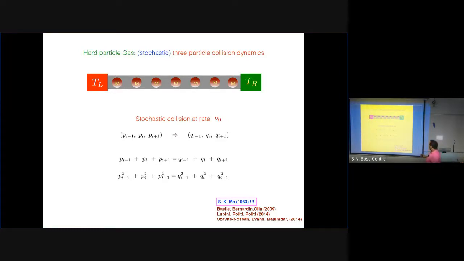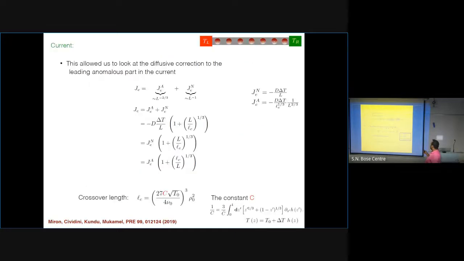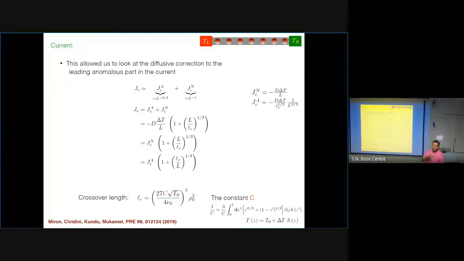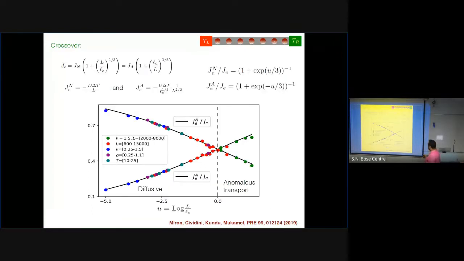Okay, let me go to the next model, which is more detailed, and there also you'll see such a crossover, and there I'll come to this point in detail. But anyway, this is a numerical demonstration of this crossover, where I plot these two functions, the same function but in a different way.